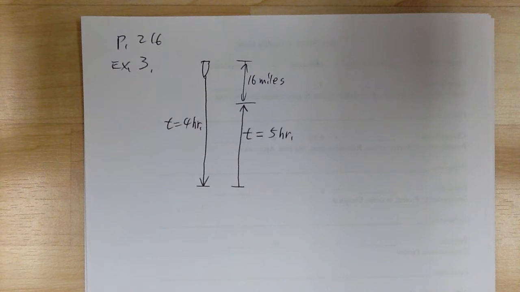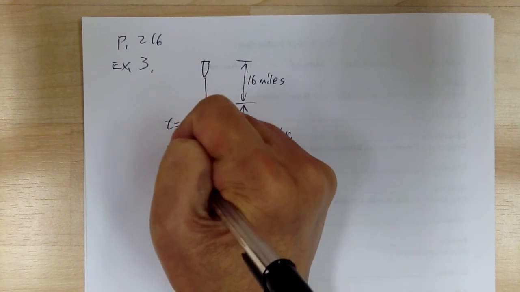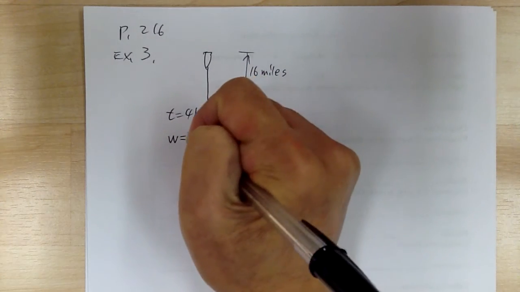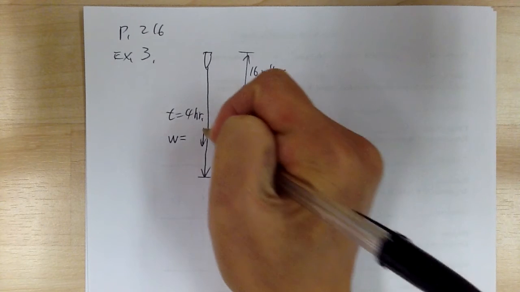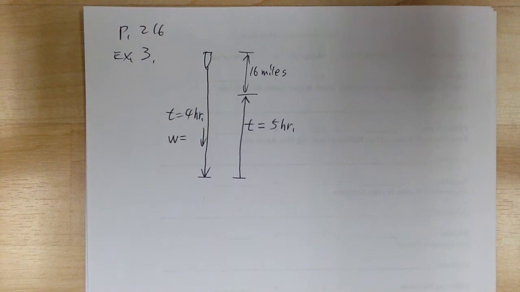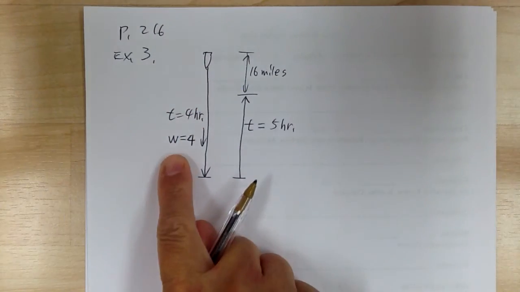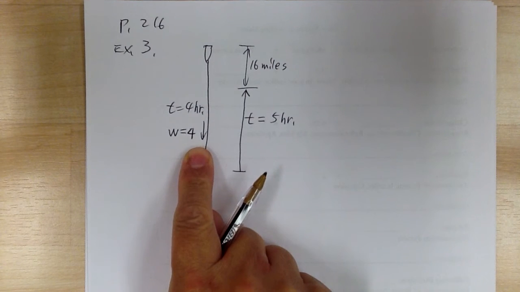Now it says the speed of the river was 4 miles per hour. So the water is going down this way. The water always flows downstream. It's common sense, but you would be surprised how many people get confused. The water is going downstream at 4 miles per hour.